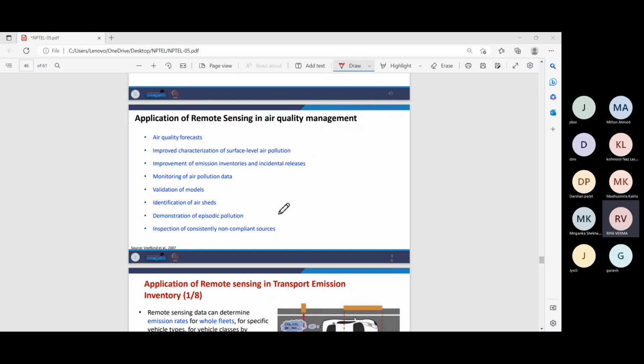Basically, it can be used for air quality forecast, improved characterization of surface level air pollution, improvement of emission inventories and incidental releases, monitoring of air pollution data, and validation of models. Remote sensing techniques can also be used in the formation of emission inventories, identification of air sheds, demonstration of episodic pollution, and also inspection of consistently non-compliant sources. So these are the purposes for which we can use remote sensing technologies in air quality management.